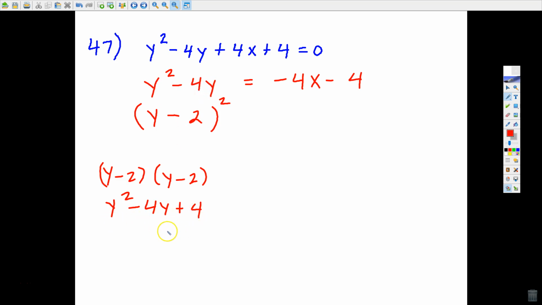What's the obvious difference? The plus 4. So this creates plus 4 that this does not have. You see it? Okay. So how can I make my equation balance if I've got 4 added on the left side? What must I do to the right?